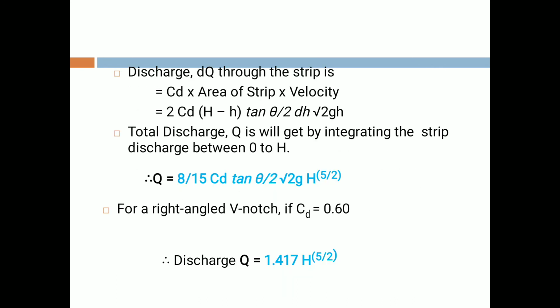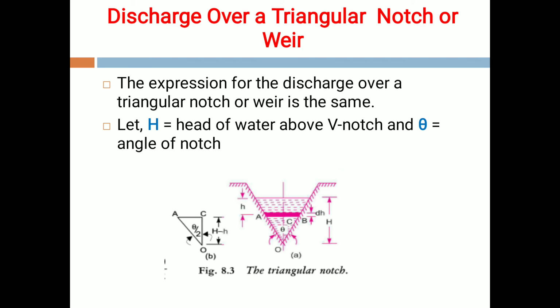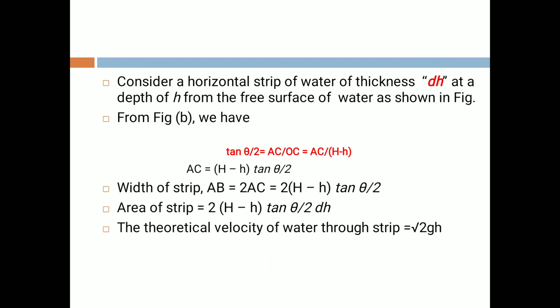So, in this lecture we have seen the derivations or expressions to calculate the discharge over the triangular notch and weir, and the discharge over a rectangular notch and weir, with different formulas and their derivation.